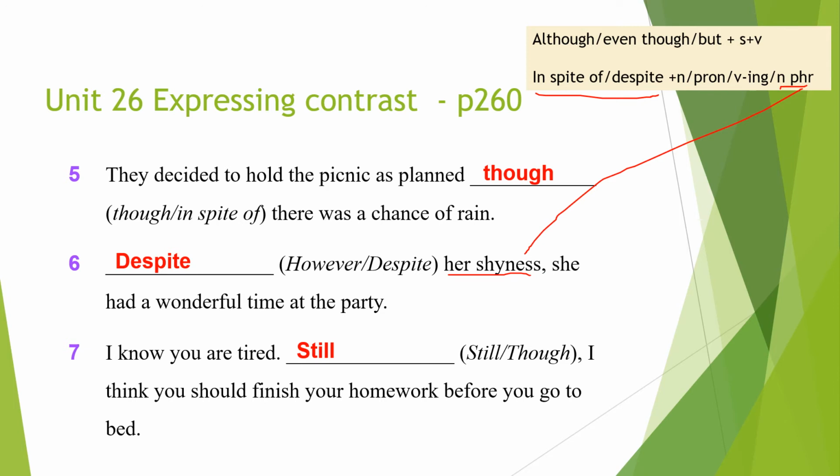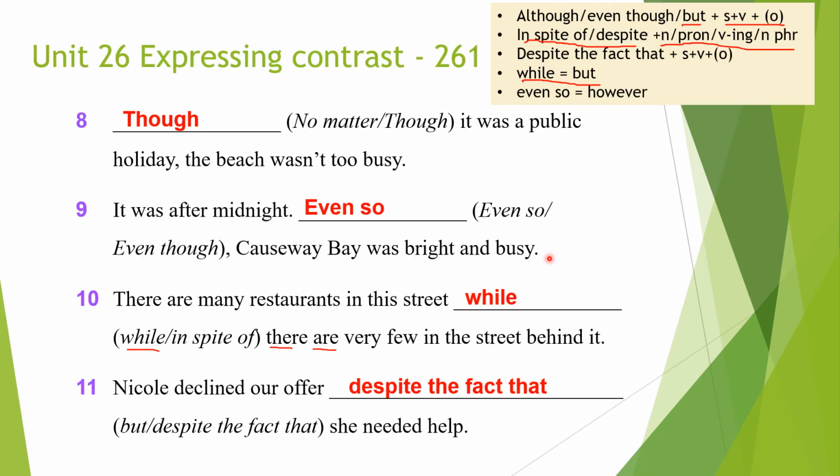All right, let's move on to the next slide. Okay, let's try number 8. "No matter although it was a public holiday, the beach wasn't too busy." "No matter" is usually followed by "no matter how", "no matter what", "no matter where". But it doesn't have those WH words, so "no matter" seems out.